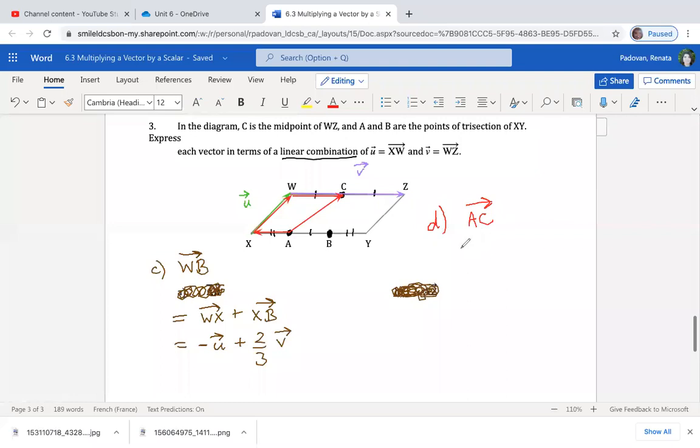So let's take a look at vector A to C. A to X is going in the opposite direction of vector V, and it's 1/3 of it. Now we're getting used to this. So I'm just going to say negative 1/3 of vector V, because opposite direction. And then this is going in the same direction as U, so plus just a positive vector U, plus I'm adding same direction as V, and it's half of it, right?